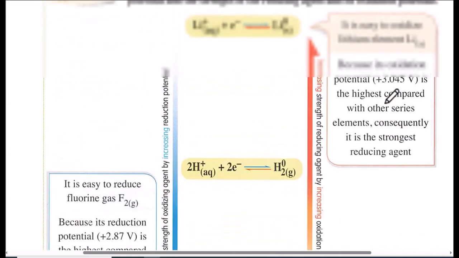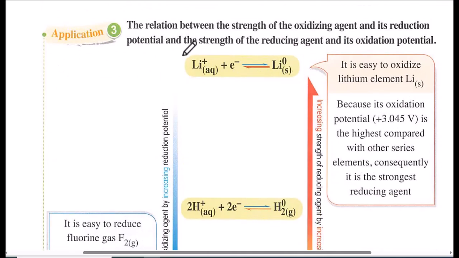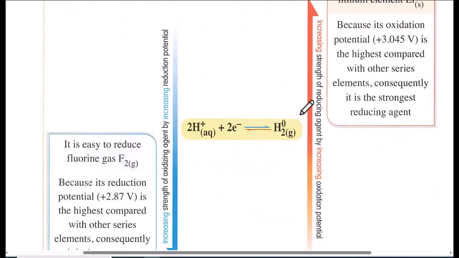So at the top of the elements, which are oxidized easily and are strong reducing agents, lithium is oxidized easily because its oxidation potential is high, so it gives electrons to other elements, so it is the strongest reducing agent. Hydrogen lies in between, its oxidation reduction potential equals 0.